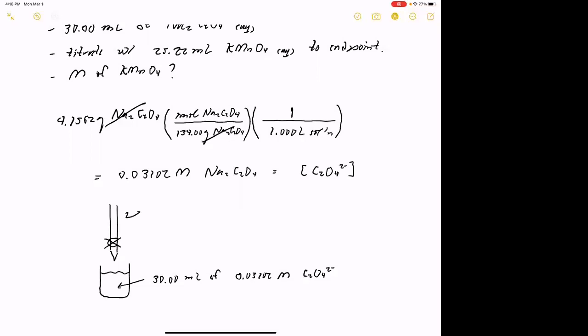Now up here in my burette, I'm going to have my KMnO4. And I also tell you in the problem that it requires 25.22 milliliters of it to get to the endpoint.